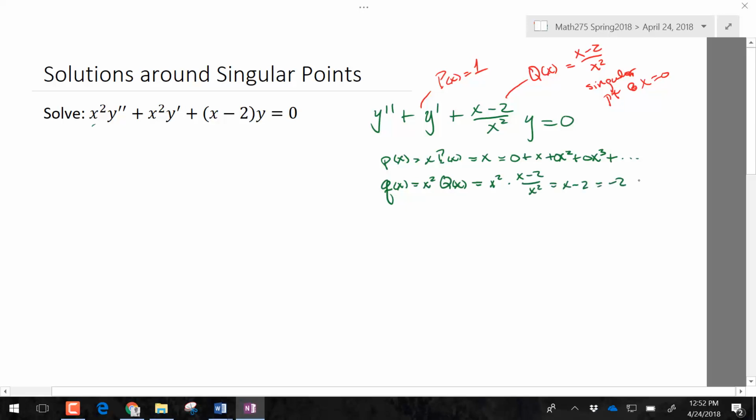And just for the sake of preparing it so that we can find the indicial equation, we would write it with a constant term first. So we see that this is analytic, and so we can conclude that this is a regular singular point.